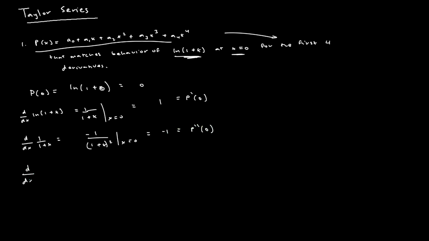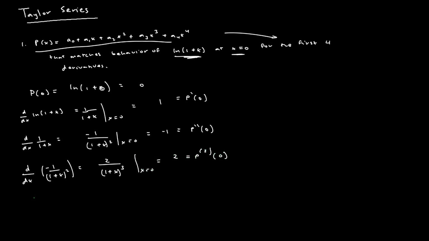Then we have d dx of negative 1 over 1 plus x squared is simply equal to 2 divided by 1 plus x cubed. And the value at x equals 0 is simply equal to 2. And that is the third derivative of the polynomial as well.